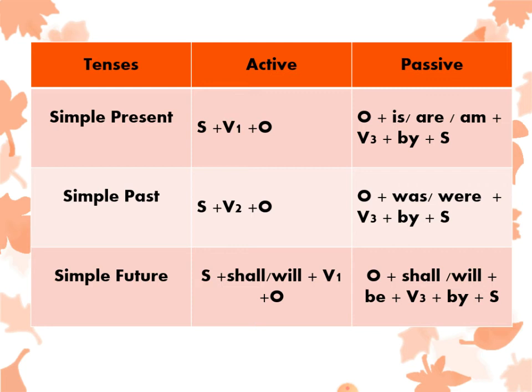Simple future, the formula for active voice is subject plus shall or will plus the present form of the verb plus object. When it changes into simple future passive voice, it becomes object plus shall or will plus be plus past participle of the verb plus by plus subject.